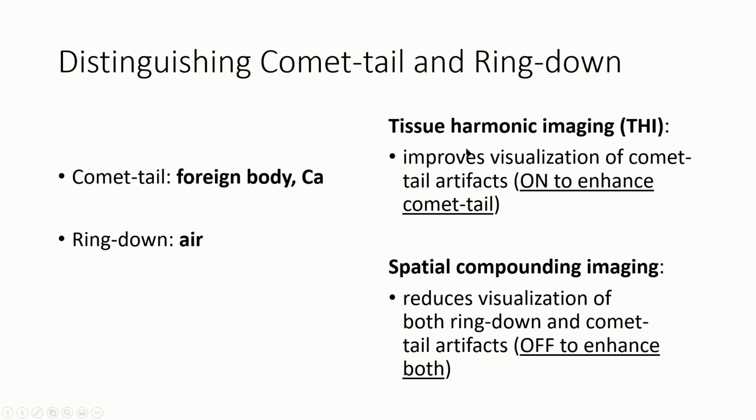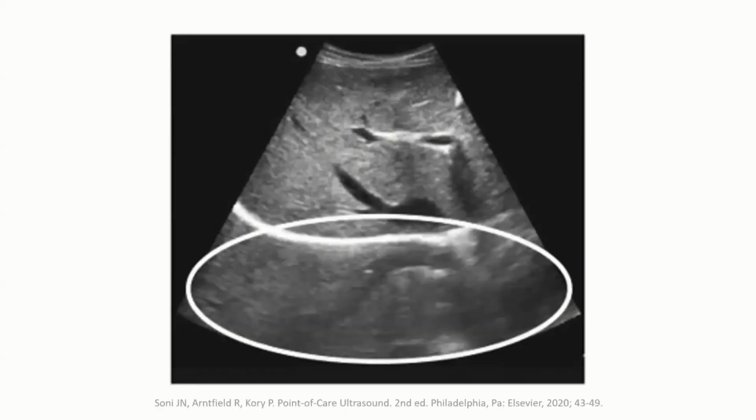Tissue harmonic imaging improves visualization of Comet-tail, so make sure to turn it on to enhance Comet-tail artifact. And then spatial compounding imaging reduces both ring-down and Comet-tail artifact, so make sure to turn it off to enhance both. So utilizing those techniques, we can distinguish those artifacts. Those are similar artifacts, so sometimes we need to distinguish.